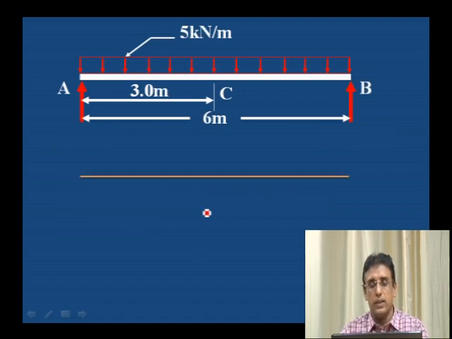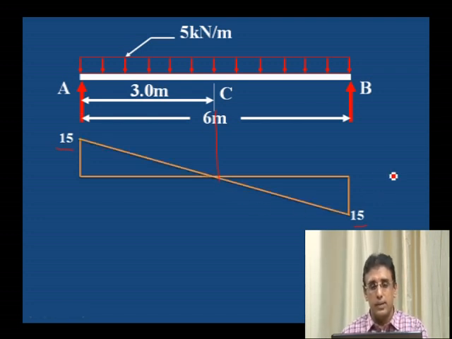Let us draw the shear force diagram. For the shear force diagram, first draw the horizontal line, then 15 kilonewton downward, 15 kilonewton here plus, here minus. This is the RA value on the left side, RB value on the right side. Then at C point it is 0.